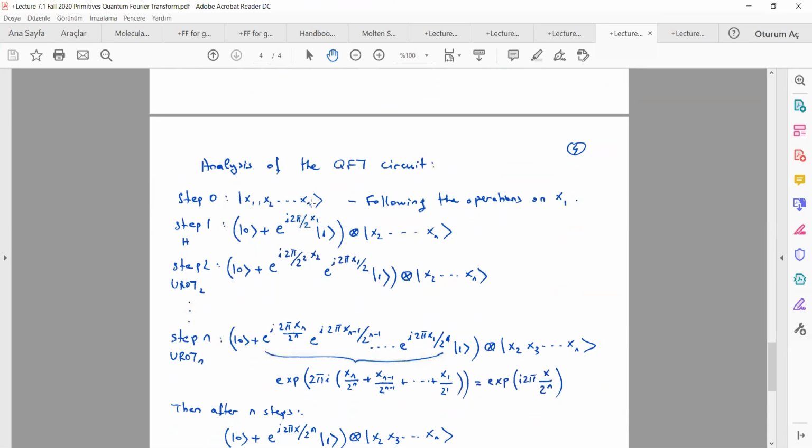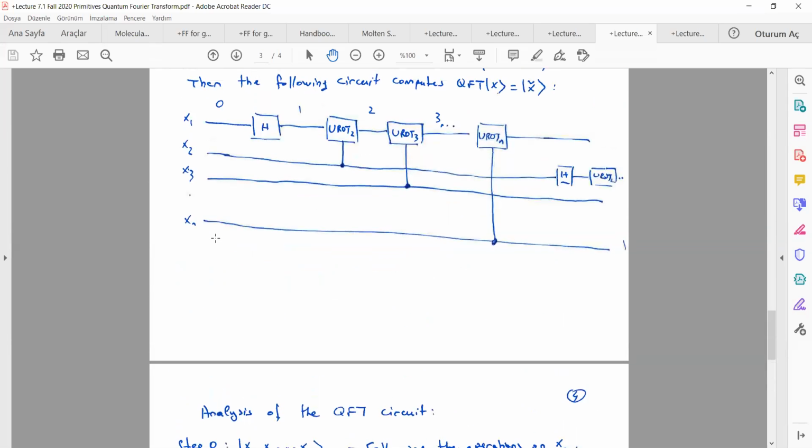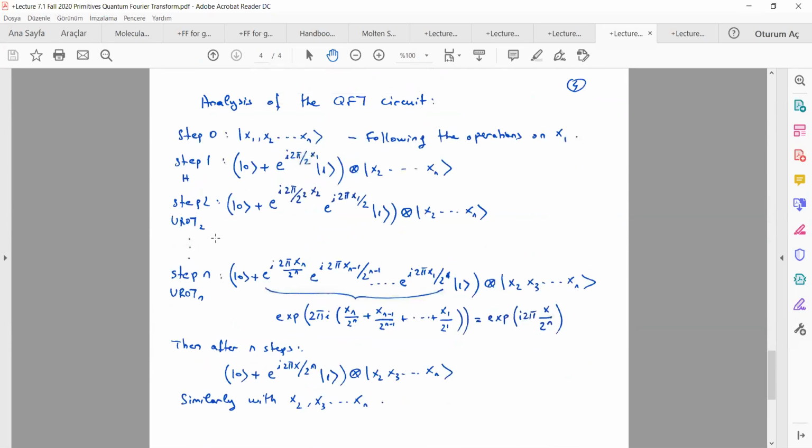This is my input state in the computational basis. So x sub i is a 0 or a 1, and this string of binary bits is what I would like to compute the Fourier transform of.